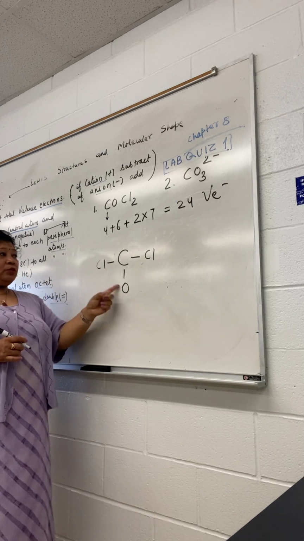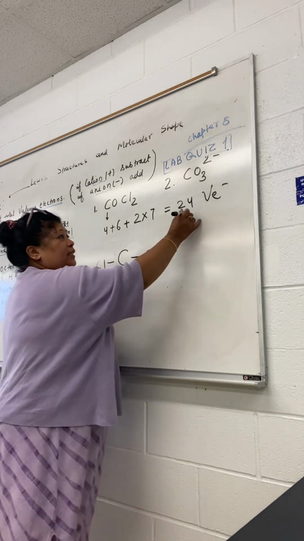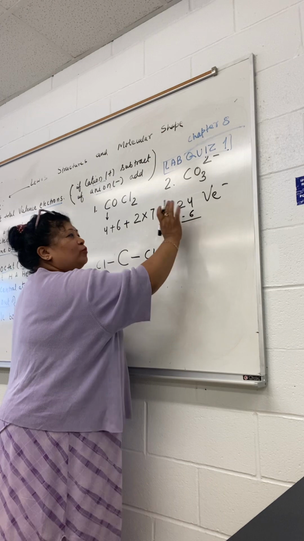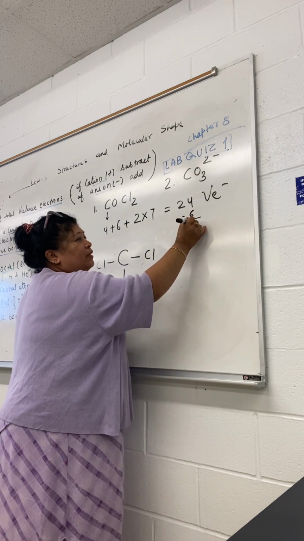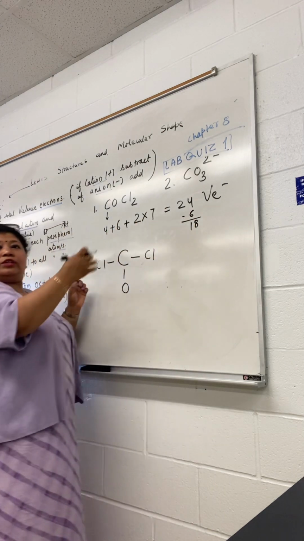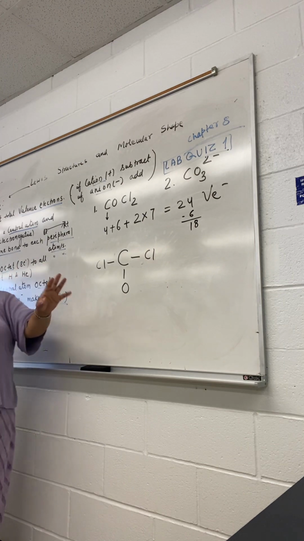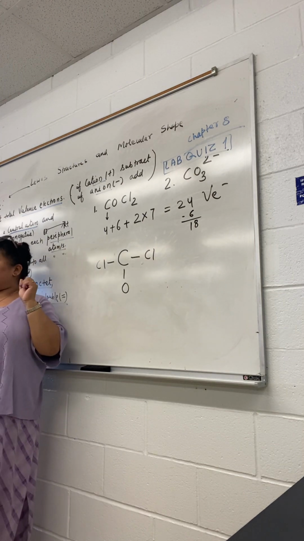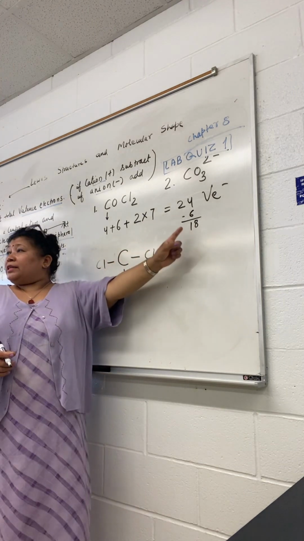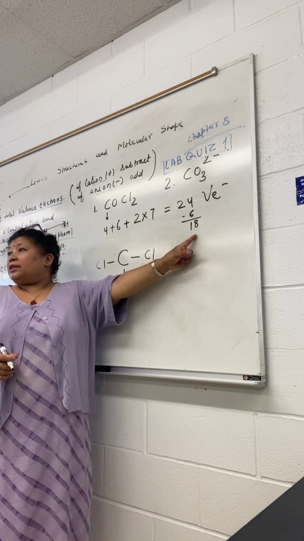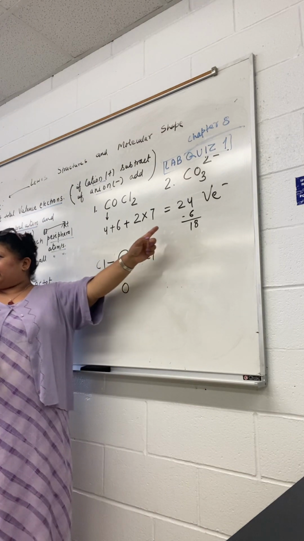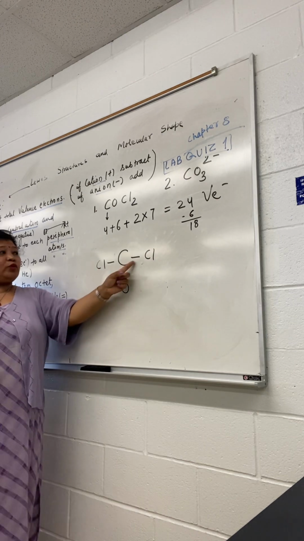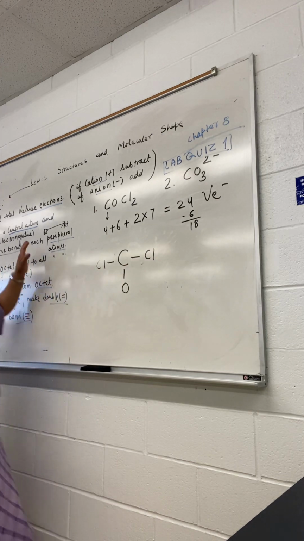So in total how much did we use? 6. I want you to just keep track. No need to show it, but in the beginning it's always wise to keep track of your electrons. We still have 18 electrons left, right? 24 minus 6 is 18 left. Makes sense? We just gave 2, 4, 6 electrons. So we are done with the second step.